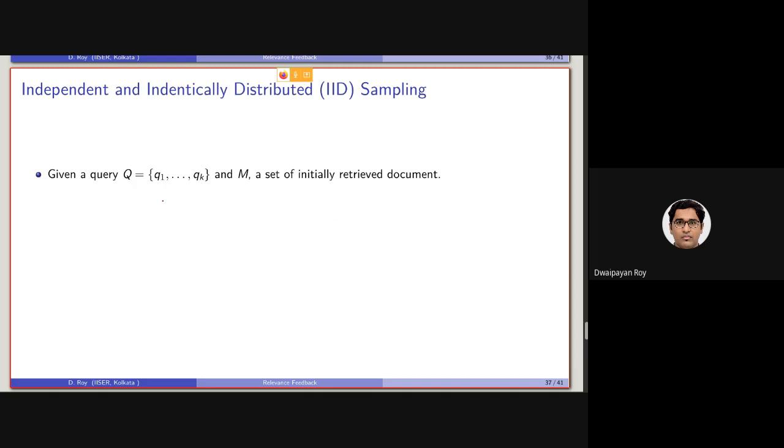So let's consider this scenario. Given a query containing K terms, and M is the set of initially retrieved documents, which we'll be considering as pseudo-relevant documents.